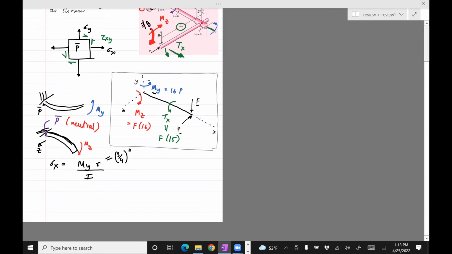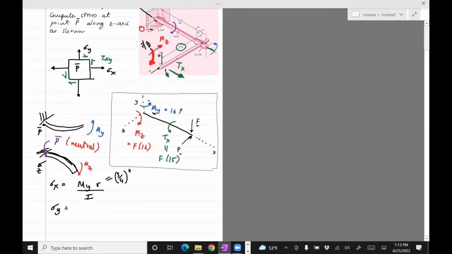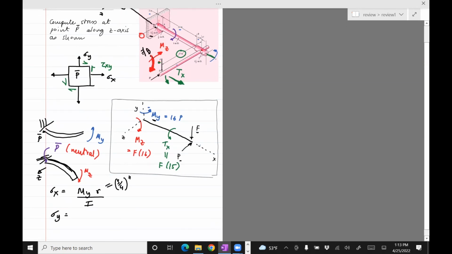Yeah. Okay, so that's pretty much it. We've gone through all the 5 torque, moment, and forces, and that's the only contribution. Let's see sigma y. Okay, sigma y is in the top direction. P is in a different direction, not along y.